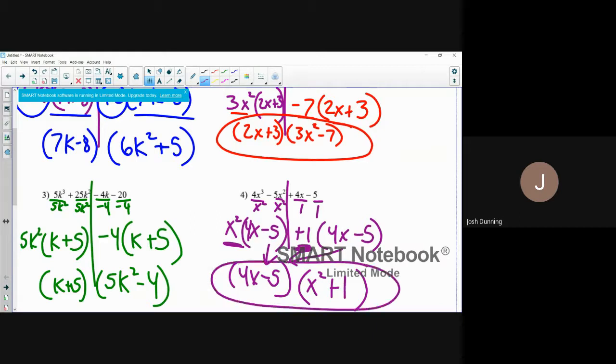That's why it can't hurt to write it down, to make sure that you put it in the second set of parentheses. All right, so that's a quick little rundown of the factor by grouping.